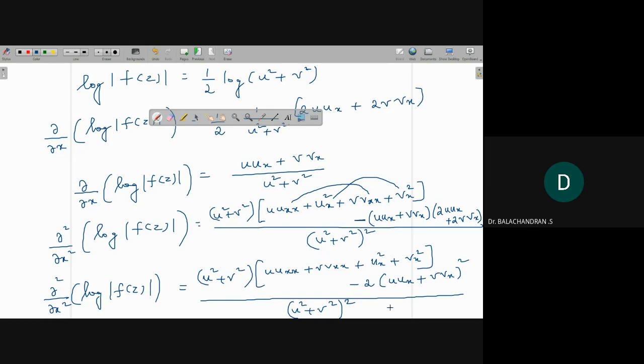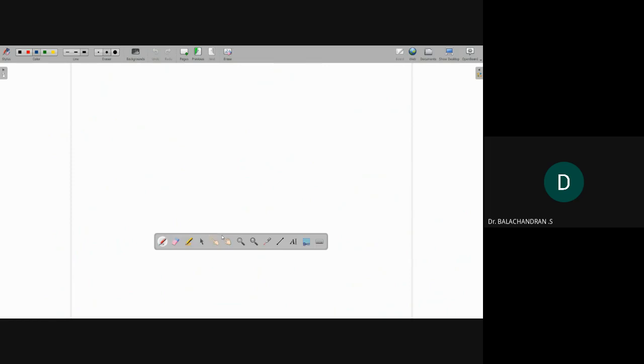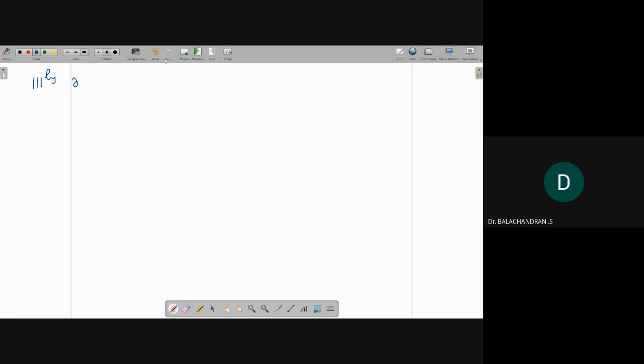So you call this equation number 1. Similarly, please tell what is dou square by dou y square of log mod f of z.